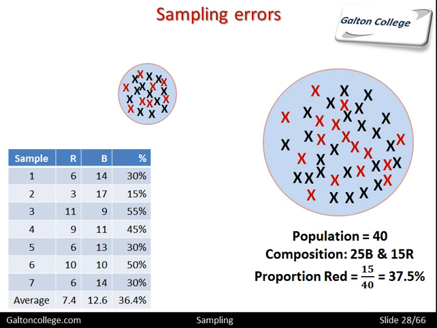Well, 36.4, that's very close to 37.5. So by drawing out the samples and taking the average of the samples, we have got very close to the population. We haven't actually worked out the average for the population directly. We could have worked it out by picking out the samples and taking the average of the samples. And that's pretty clever.